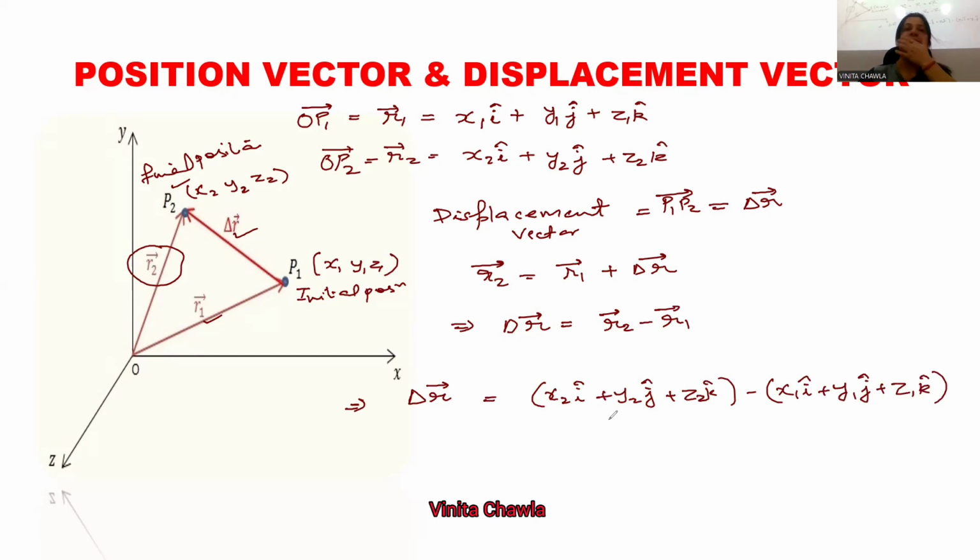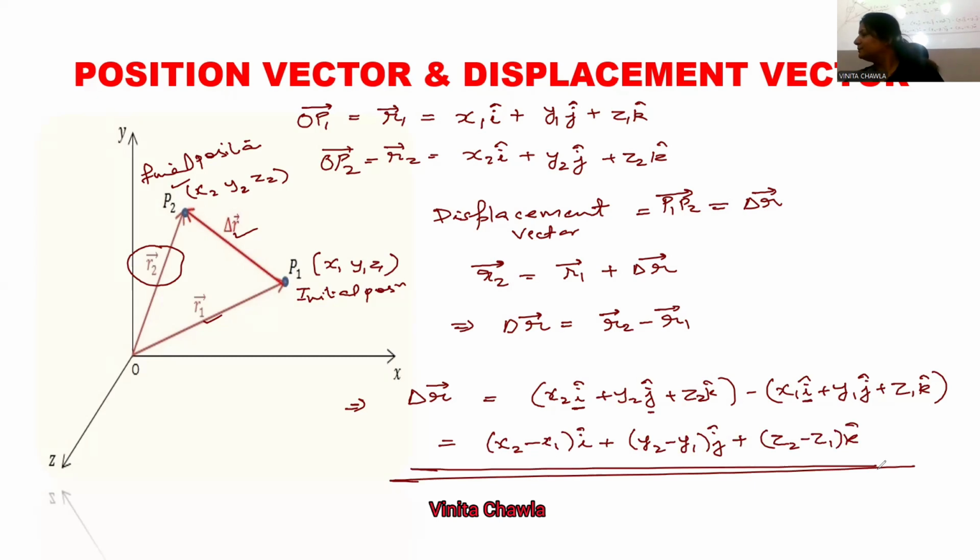Just as we subtract x from x, or velocity from velocity, the same quantities, the same variables, in the same way we subtract the unit vectors: i cap from i cap, j cap from j cap, and k cap from k cap. Okay, so we can write the final answer as x2 minus x1 i cap plus y2 minus y1 j cap plus z2 minus z1 k cap. This is the final answer. This is the expression of the displacement vector, right?